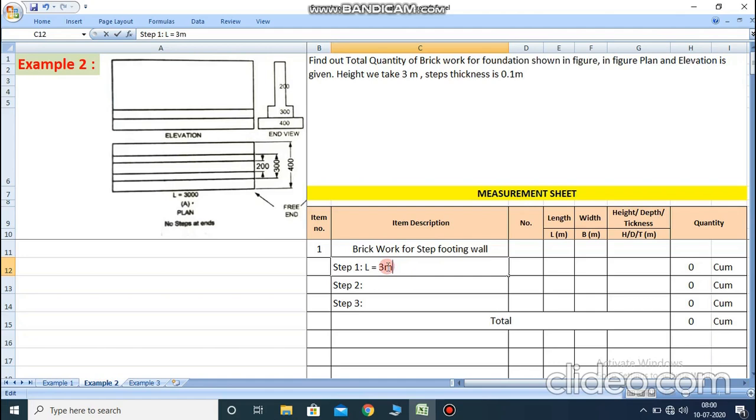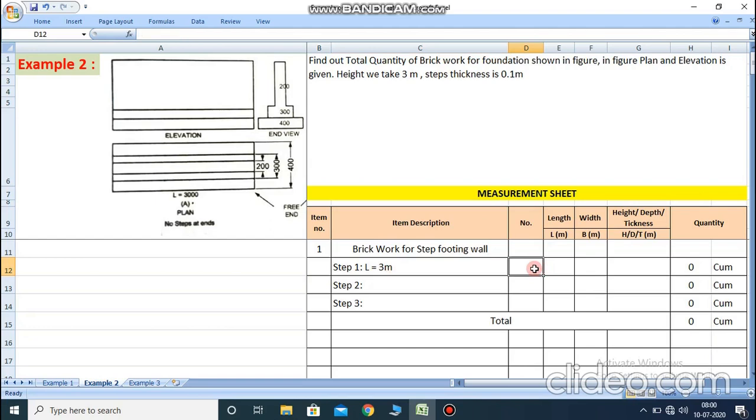Here no step footing is provided at both sides, here and here, so no step at the end of the wall. So here only a simple step footing is provided on both sides, not at the end side. So we take the length as simply 3 meter.